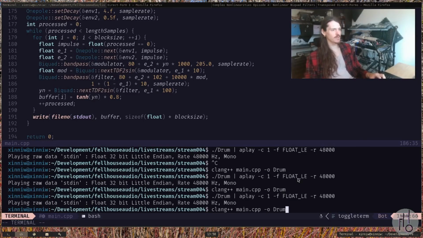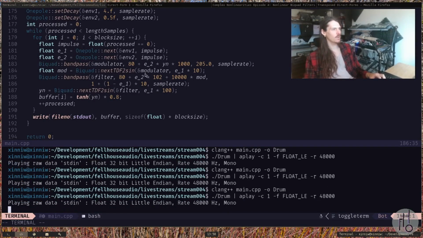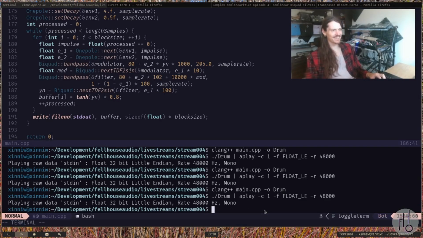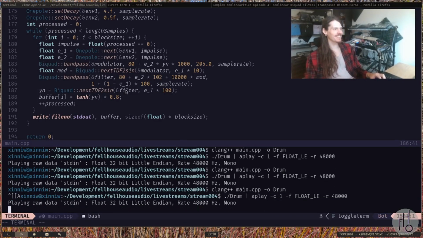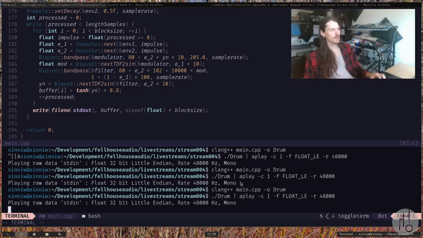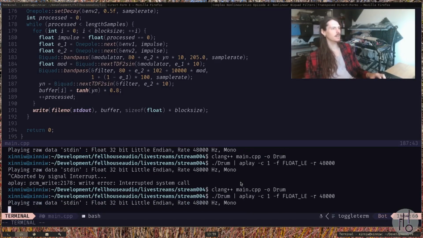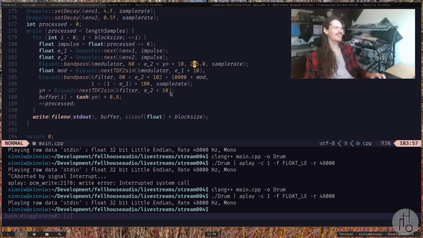We'll introduce the resonance a little more slowly. Good times. Oh, that's nice. I like that. There's something really chaotic happening there, which is fun.